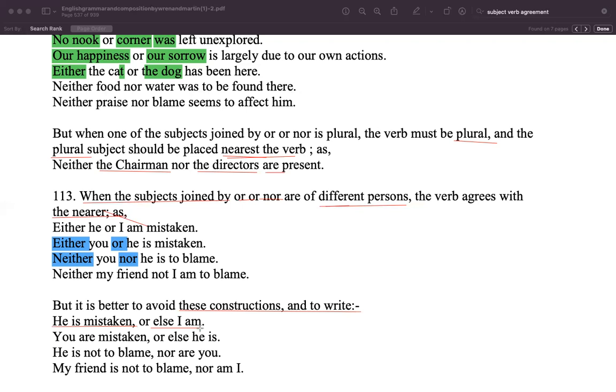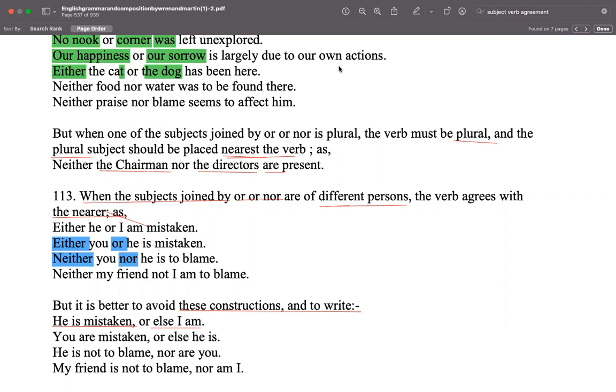If you are getting confused, you can also say you are mistaken or else he is. You can also say he is not to blame, nor are you. Next, my friend is not to blame, nor am I. So this is something called subject-verb agreement, another rule to be followed.